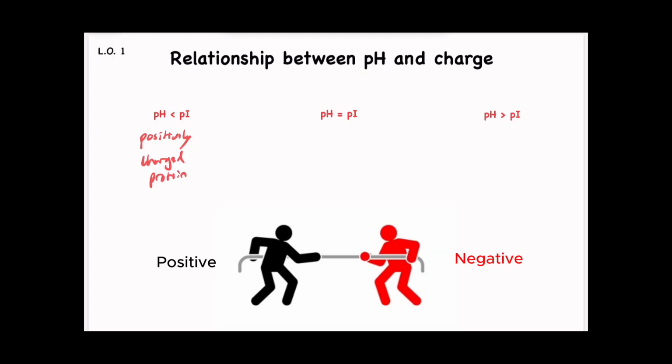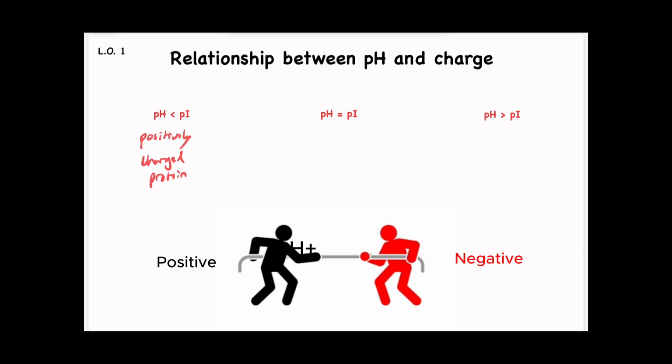If you think about this in terms of the tug of war, that means team positive is winning. There are so many free hydrogen ions in solution that they're so crowded that they're binding to the groups that can be protonated on the protein and creating a positively charged protein.